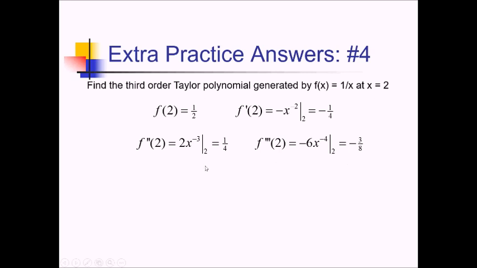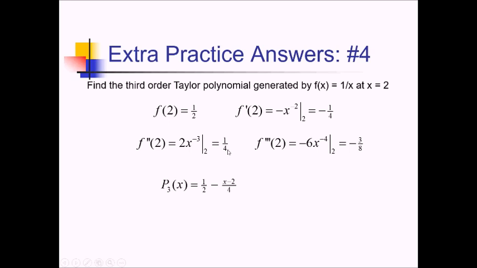Putting it all together now, the first term is just going to be f of 2. And after that, we're going to have f prime of 2 times x minus 2. So negative 1/4 parentheses x minus 2. And let's see here, I guess you could also write it as x minus 2 over 4. Same difference. Moving on to the next one, we're going to have x minus 2 squared over 4.